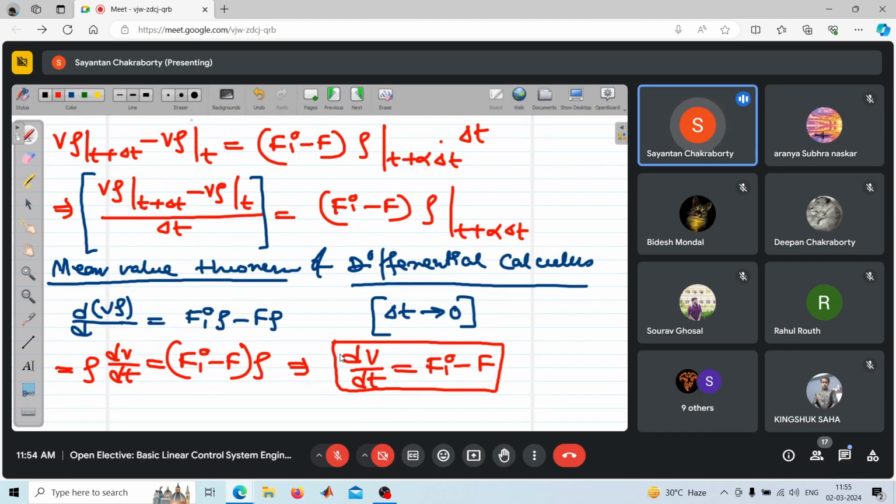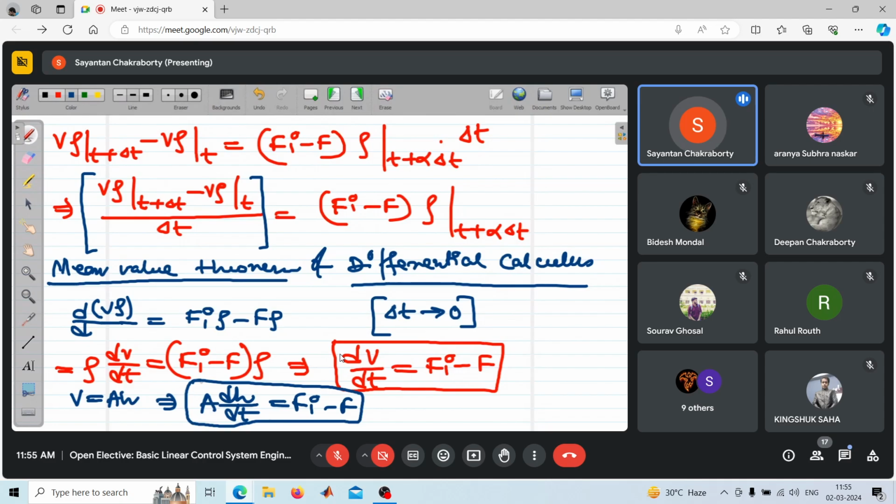Similarly, you can write down for height. If you want to measure the height, then this V can be written as A times h, A being the cross section area, so you can write A dh dt is equal to Fi minus F. Again, if you want to estimate how the height will change, that will be the expression for height.